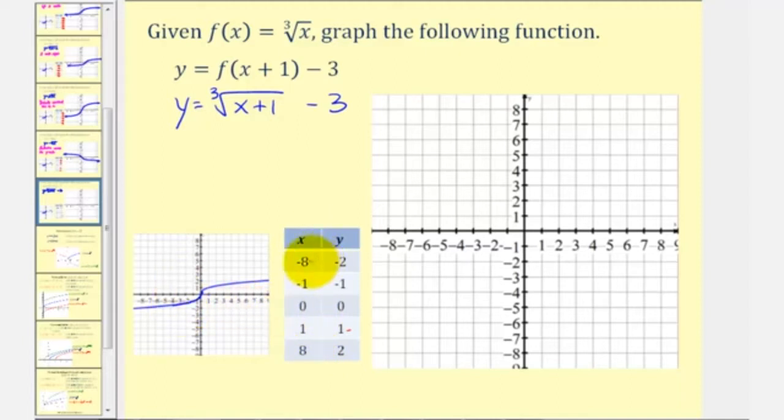So we'd subtract 1 here, here, here, and here. We'd have to use smaller values of x because here we're adding 1 to x to get the value under the cube root. And this minus 3 on the end here would decrease the y value by 3, so now we'll subtract 3 from each y coordinate.